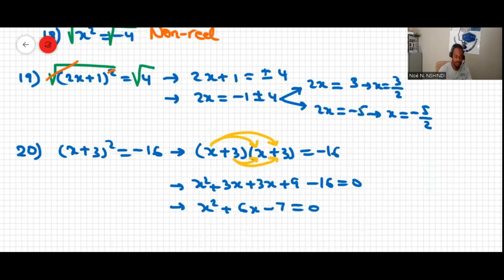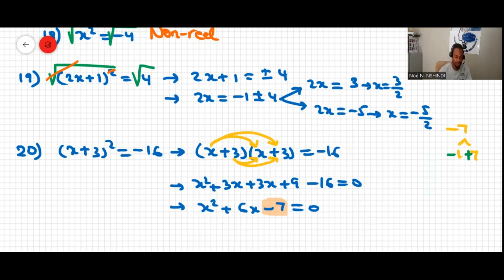Now let's look at the last term, negative 7. Factors of 7: 7 is a prime number, there's just 1 and 7. Now we say to ourselves, how can I get 6 here if I have 1 and 7? This is possible if it's negative 1 plus 7, because 7 minus 1 makes 6, and 7 times negative 1 makes negative 7.